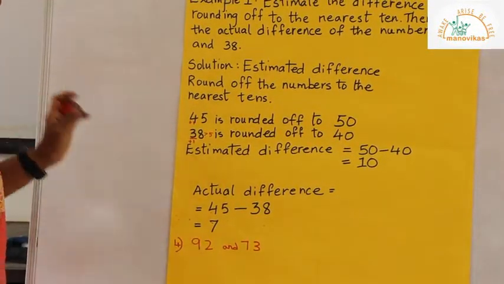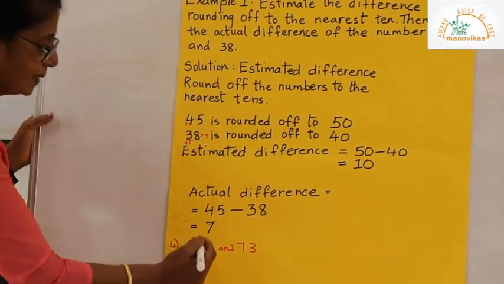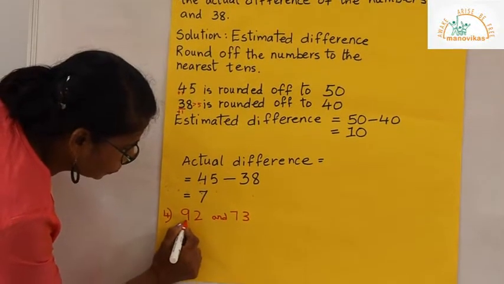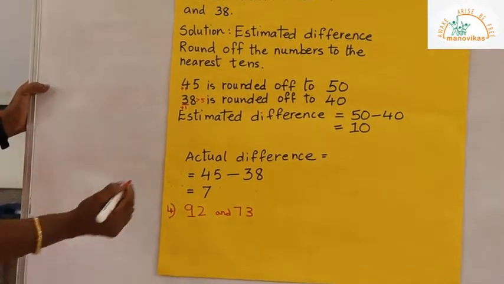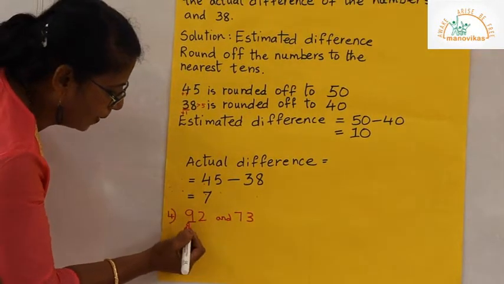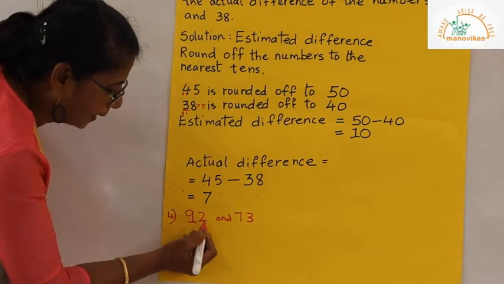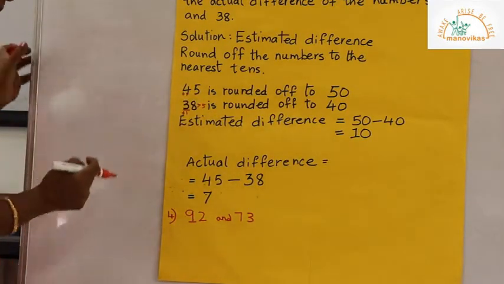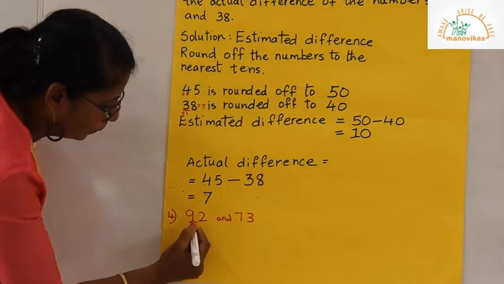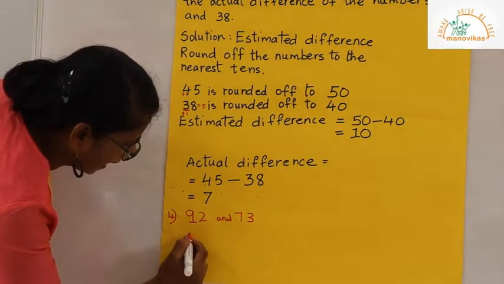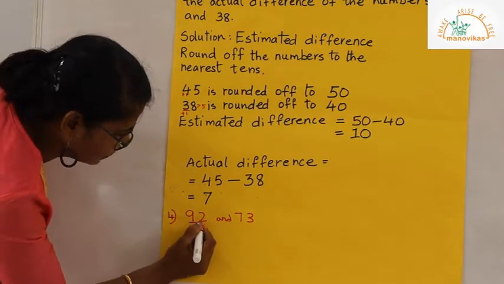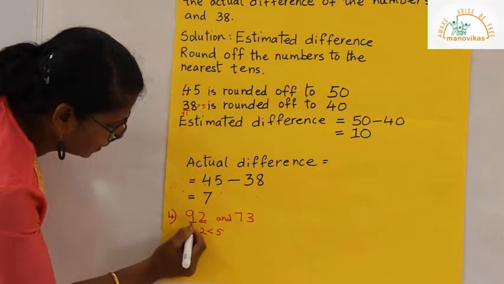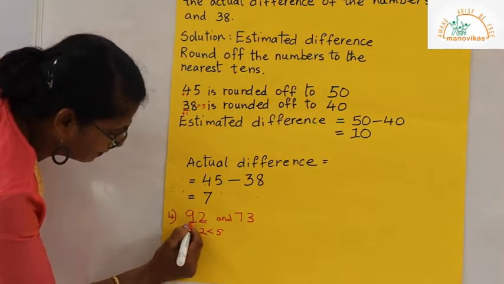Let's try with 92 and 73. Now 9 in the tens place and 2 in the ones place. 2 is smaller than 5, and so we make number 9 remain the same.